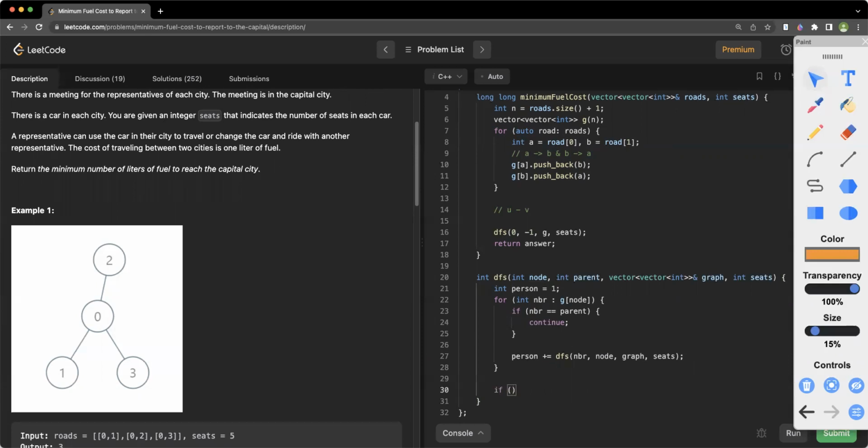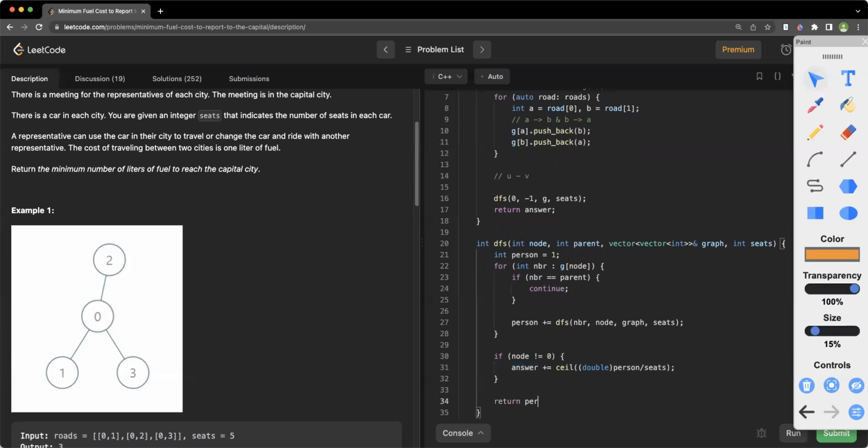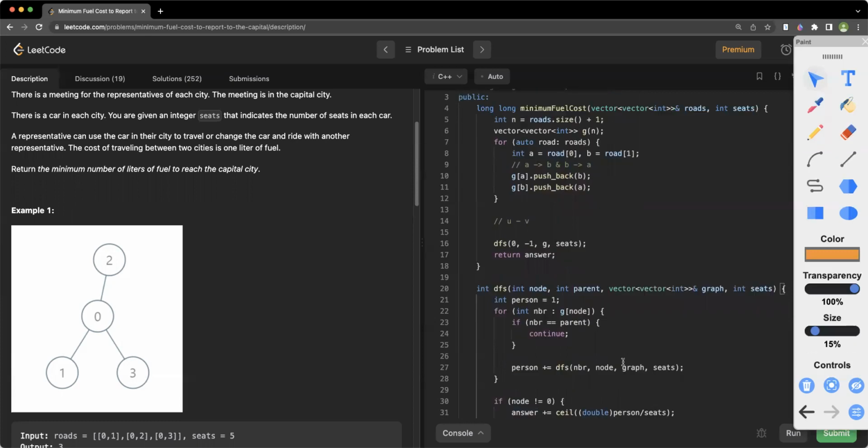If the current node is not equal to 0, then we update the answer: answer plus equal to the ceil of double of number of persons divided by number of seats. This will give us the number of cars. We update the answer with the number of cars, and finally we return the number of persons. This looks good to me.